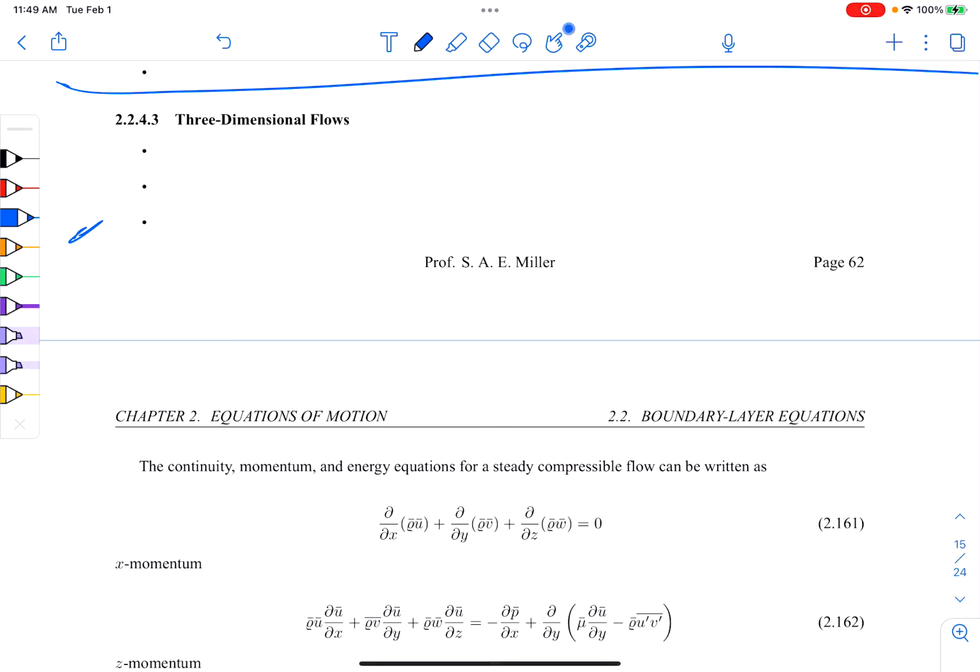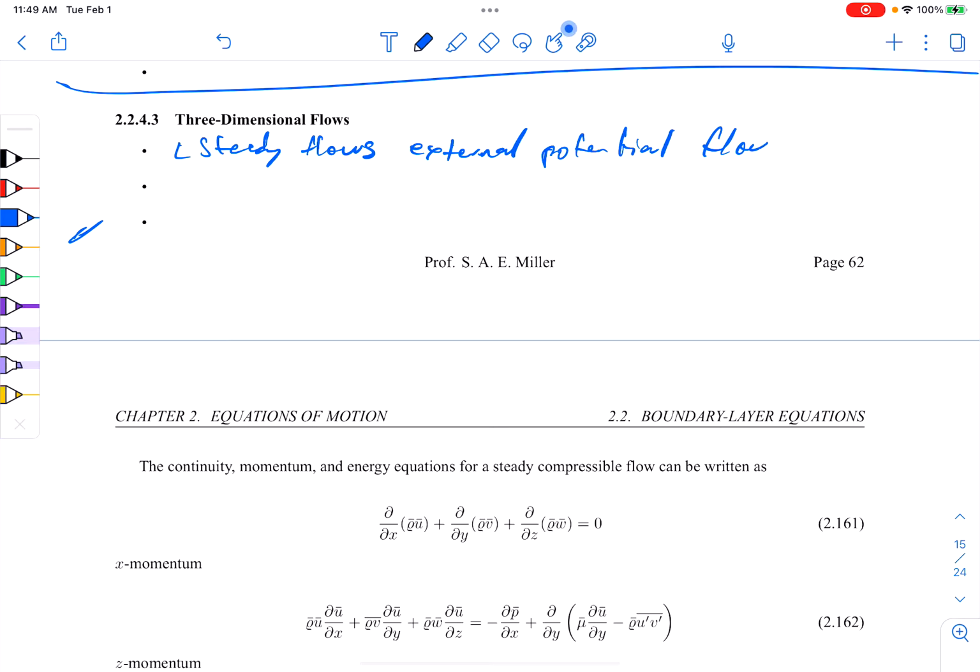So welcome back, and we'll continue with the three-dimensional flows, and we'll finish off these notes from last time. If we're looking at three-dimensional flows, of course, in the world of boundary-type layers, you might say in steady flows, here's an external potential flow, and that's dependent on two coordinates, right?